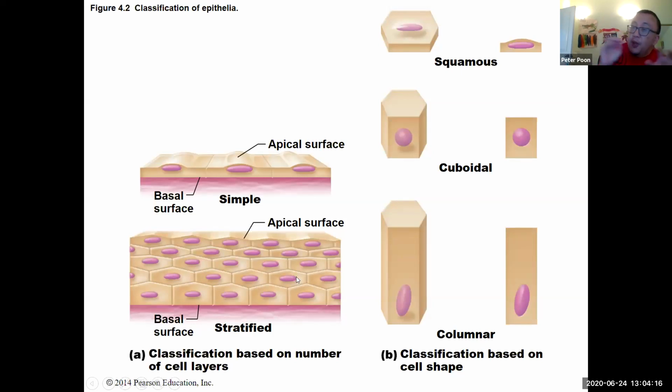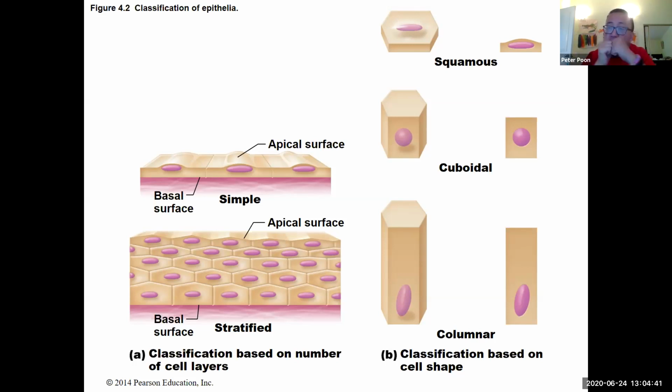There are no spaces in epithelia. There's no extracellular matrix. Extracellular matrix is this gooey stuff that's usually found on the outside of cells. In epithelia, there's very, very little extracellular matrix.